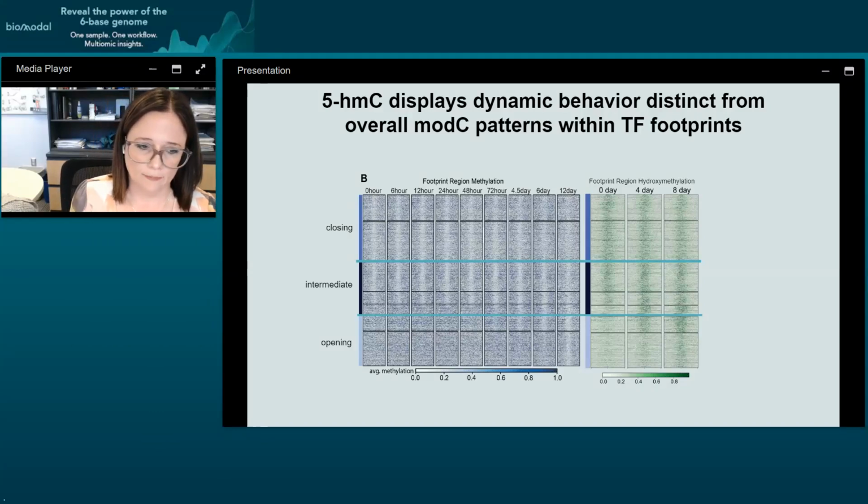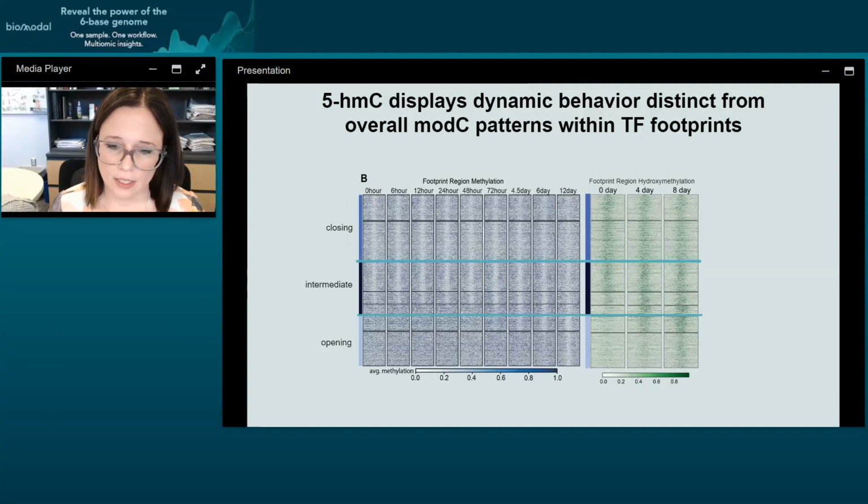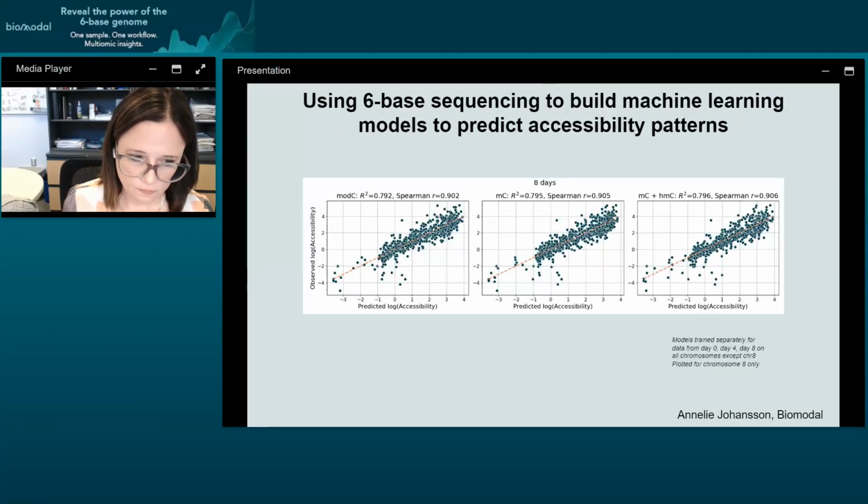So this was all really nice to be able to validate the observations that we had made and to potentially further understand what is happening in terms of the kinetics of demethylation at these sites, and why, in spite of the fact that many of these regions are losing footprints and becoming closed again, they might remain hypomethylated.